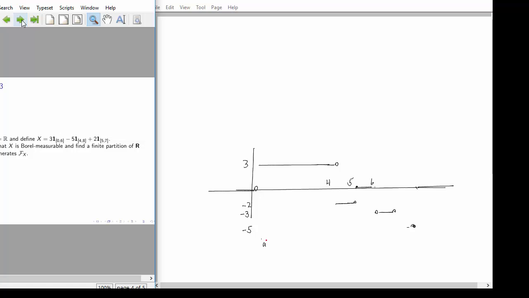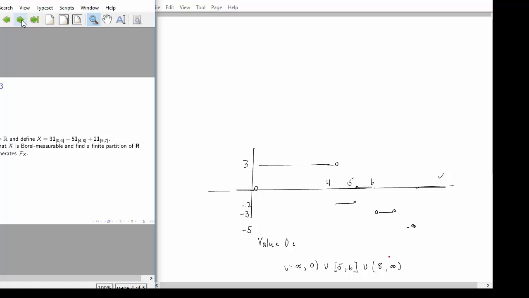For value 0, we have a rather messy Borel set. For value 0, we have -infinity to 0, union with the closed interval from 5 to 6, union with the open interval that starts at 8 and extends to infinity.